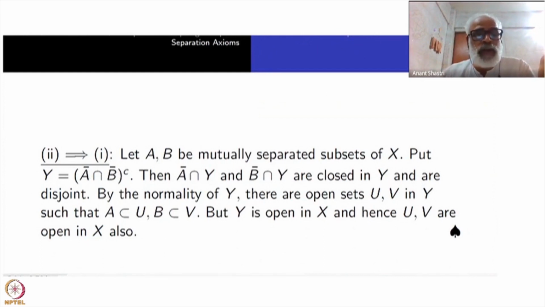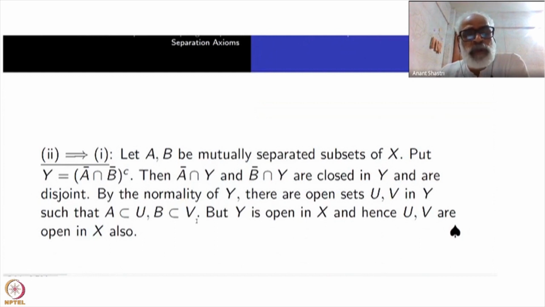So they are disjoint because of our choice of Y. There is nothing more than that. By the normality of Y, this is the hypothesis, every subspace is normal, there are open sets U and V inside Y such that A is inside U, B is inside V.